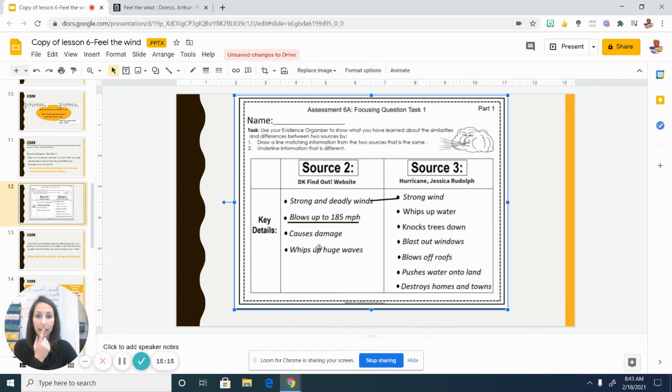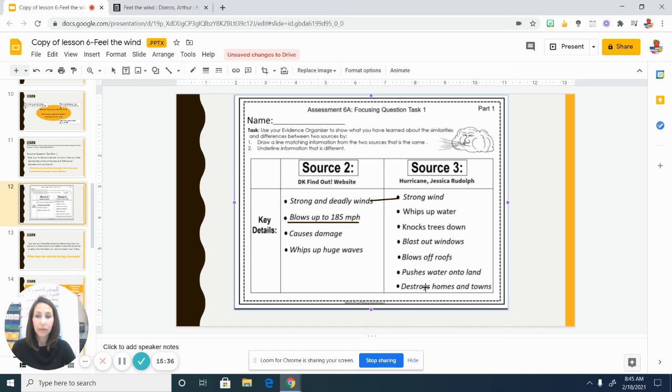Okay, causes damage. Now the next one saying causes damage. Now I see over here it says whips up water, knocks trees down, blows off roofs, pushes water onto land, destroys homes and towns.